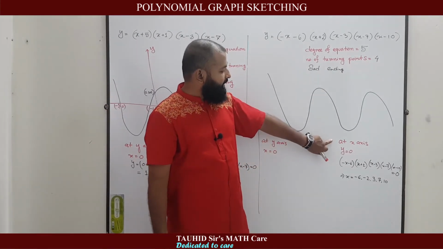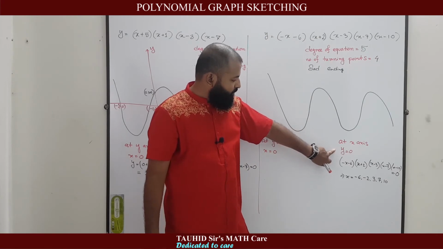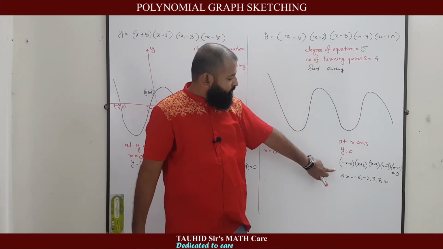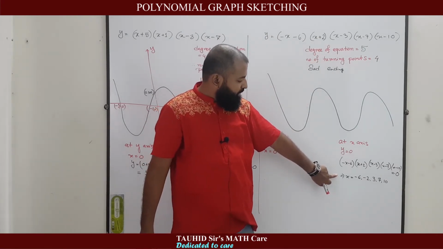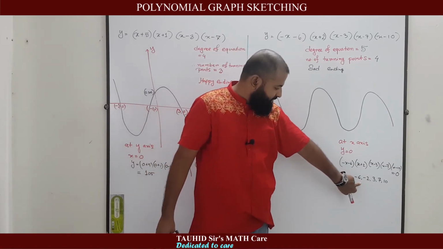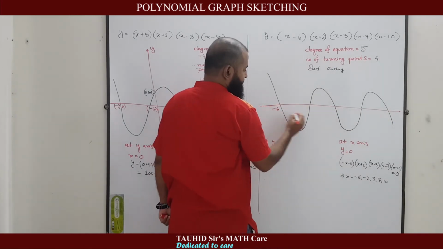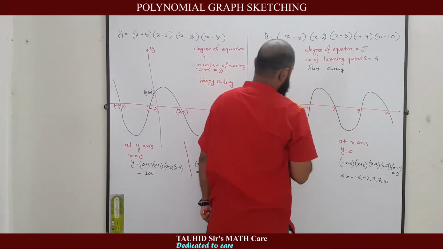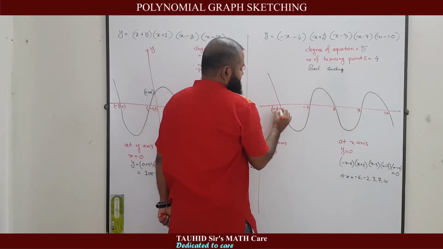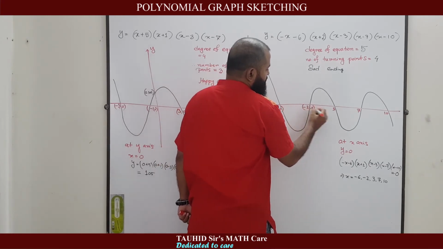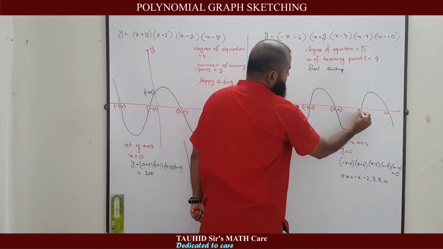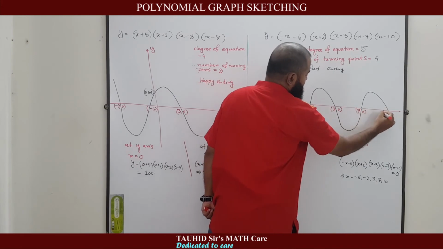We all know that at the x-axis y equal to 0. Putting the value of y equal to 0 in this equation, we get the value of x as -6, -2, 3, 7, 10. So the coordinates will be (-6, 0), (-2, 0), (3, 0), (7, 0) and (10, 0).